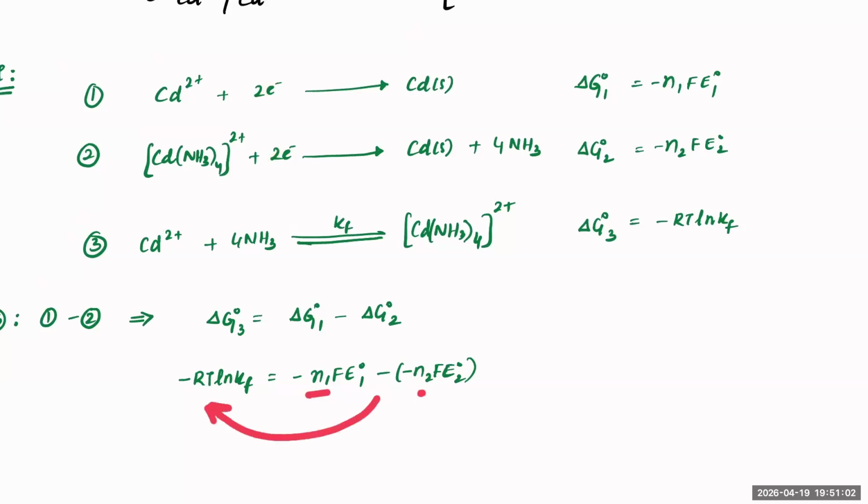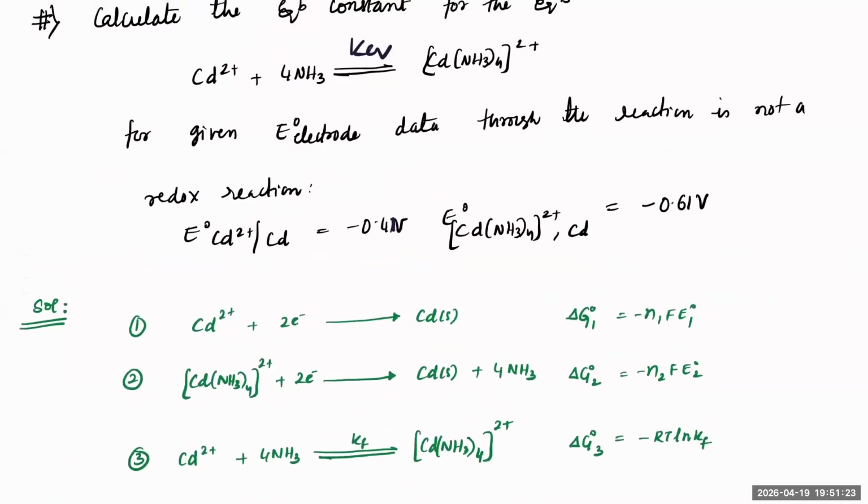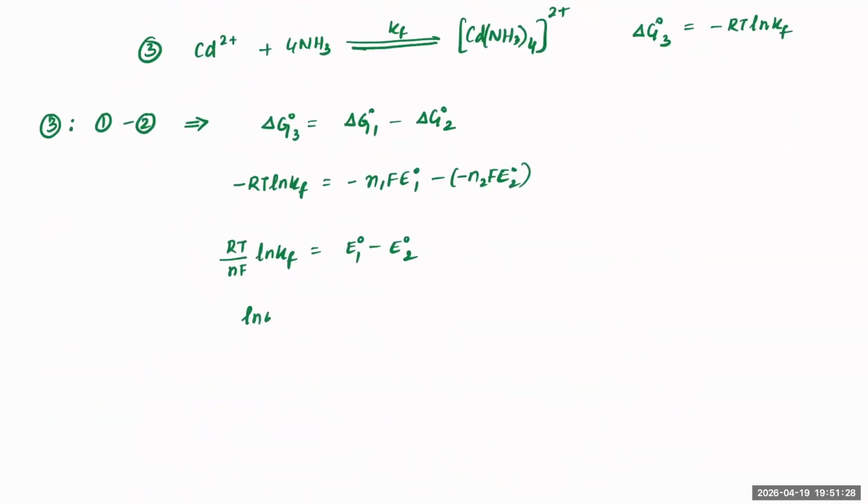So if I take it to the left hand side, I will get RT by NF with ln Kf will be equal to E naught 1 minus E naught 2. Okay. So from there, you can calculate what is the Kf here. So therefore, 0.0591 by 2 log of Kf is equal to E naught 1.